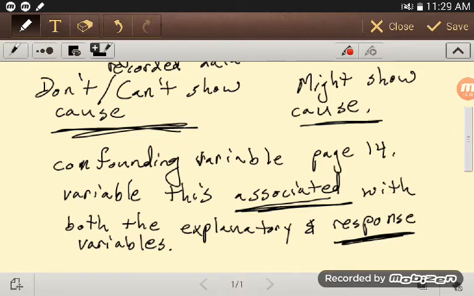Now, here's the thing, if it's associated with the explanatory variable here, and the explanatory variable is associated with the response, then I would agree that the confounding variable is associated with both. But if the explanatory variable turns out to not be associated with the response, well, the confounding variable could be, and therefore it could be associated with the response, but not the explanatory variable here. So that's a bad sentence on their part.